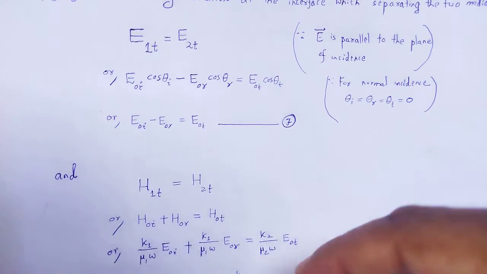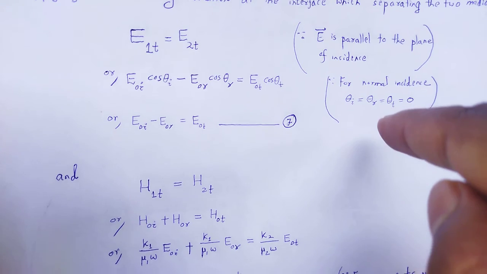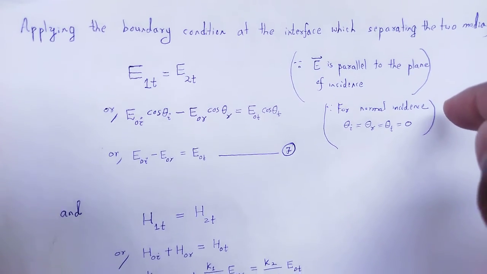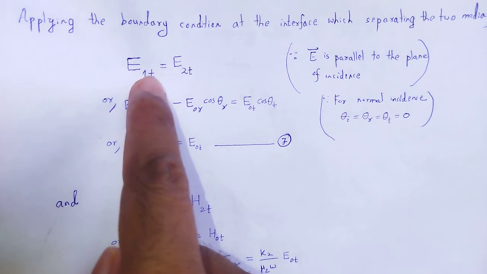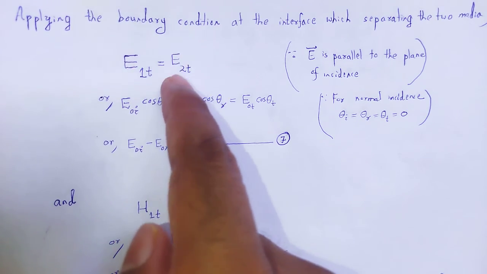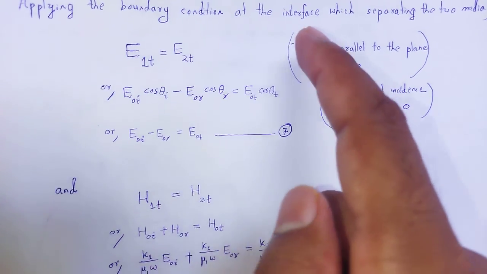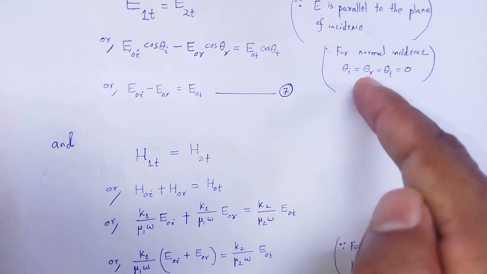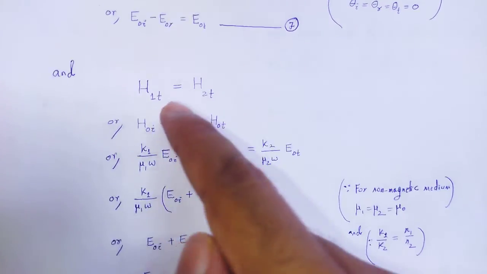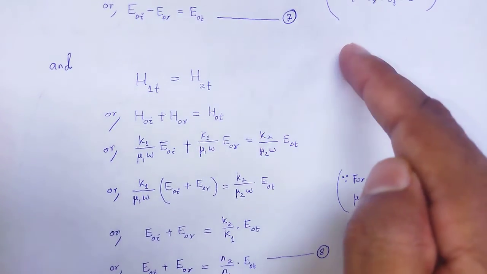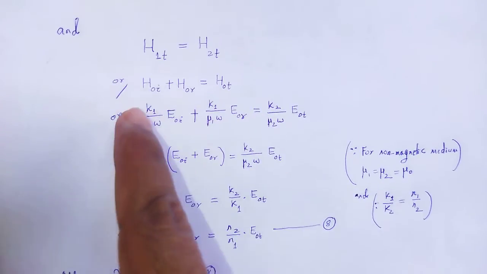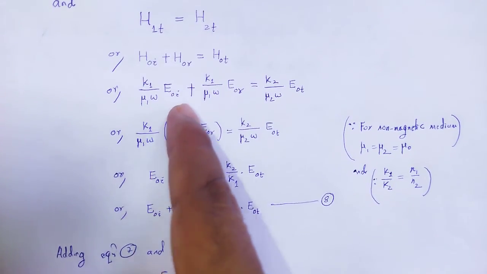At interface we apply the boundary conditions by taking E vector parallel to the plane of incidence. Its tangential component at medium 1 is same as the tangential component of medium 2 of the electric field vector. For normal incidence these angles are 0. Next, the boundary condition for magnetic field vector, relation between electric field vector and magnetic field vector is put.